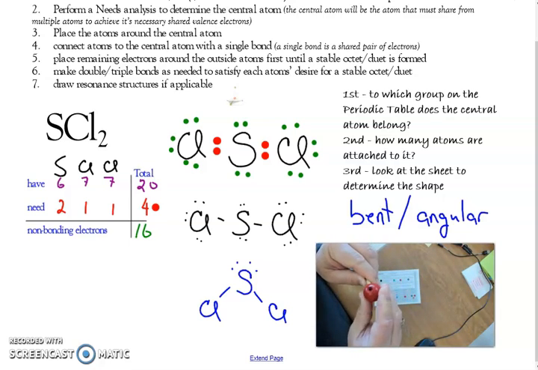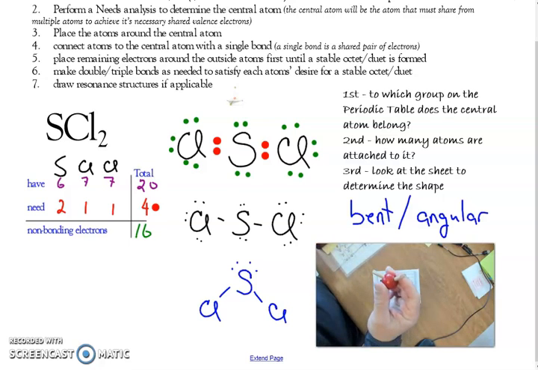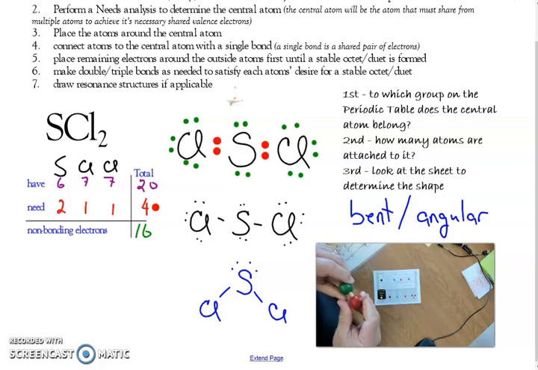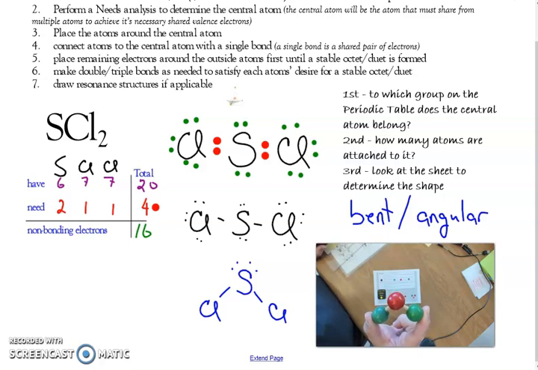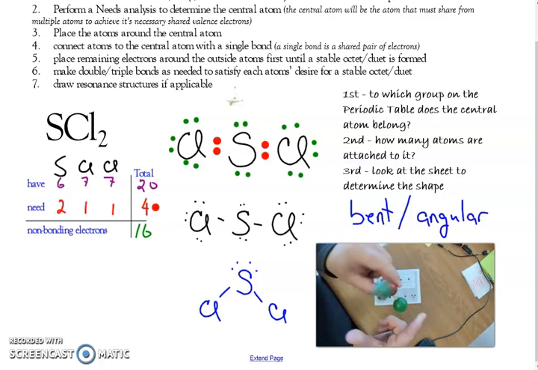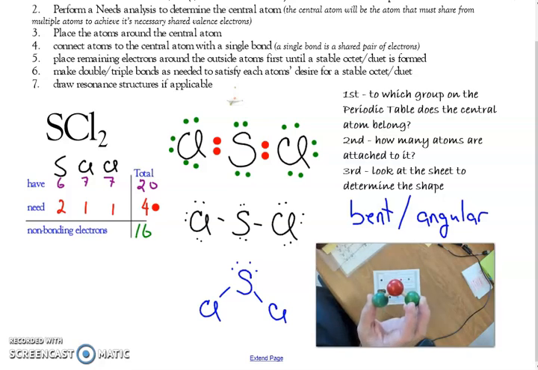So I'm going to put a stick in each one of the 2 holes. Okay? And then we have two Cls, and chlorines are denoted by a green one. So attach the green, the other green, and you're going to see that it is indeed the bent angular shape. These molecular model kits are set up to simulate the same bonding angles. So that is the bent or angular shape.